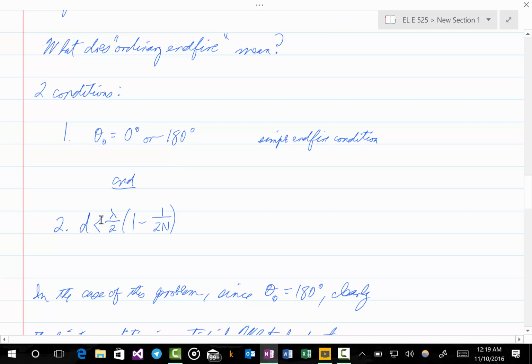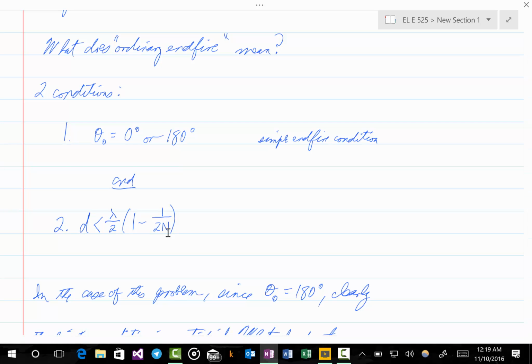In fact, when you do the test problem, go ahead and interpret this condition as being less than or equal to. The condition is that the spacing between the elements should be less than or equal to 1/2 lambda multiplied by the quantity 1 minus 1 over 2n, where n is the number of elements in the array.